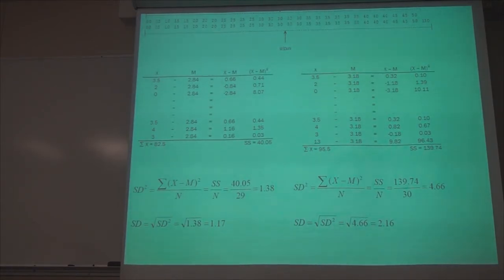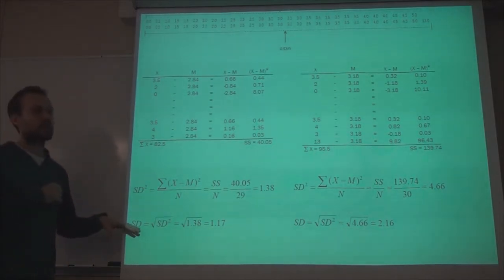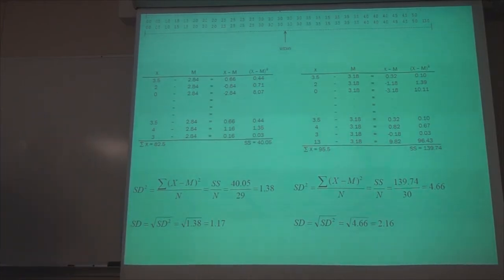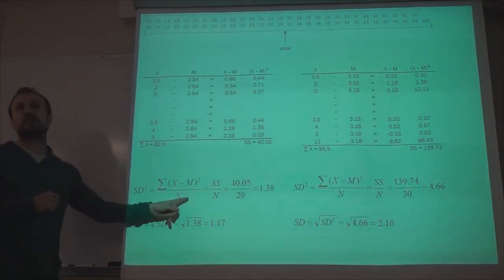And it turns out that if I take my little sample and I calculate the standard deviation, for that to be an accurate estimate of the standard deviation of the whole population, you have to divide by n-1.